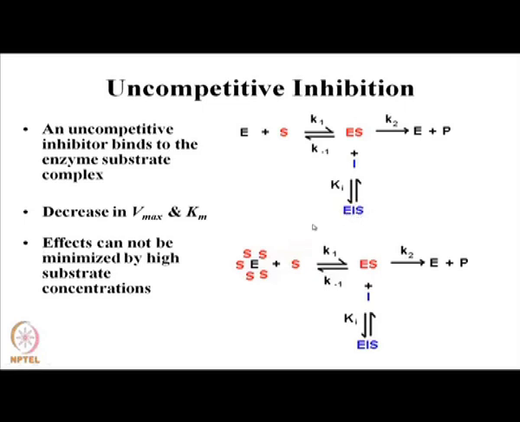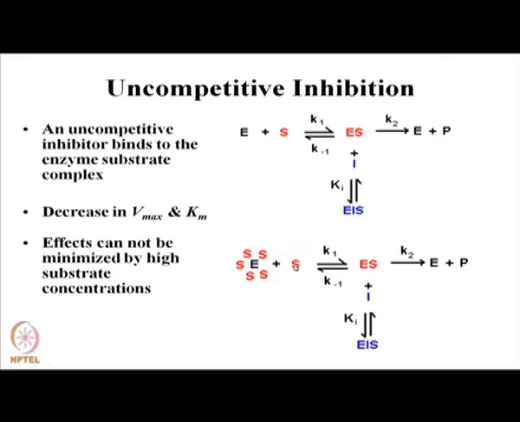Okay. So, what happens? There is a decrease in Vmax and Km. Okay. Now, you see, if you increase the substrate concentration, suppose there was 1 S initially, now you increase it to 6: 1, 2, 3, 4, 5, 6.